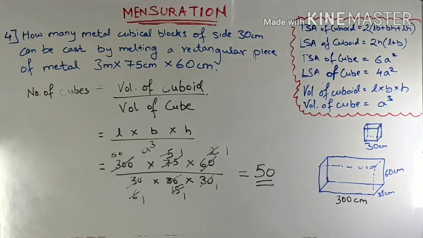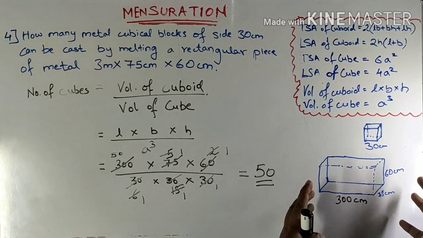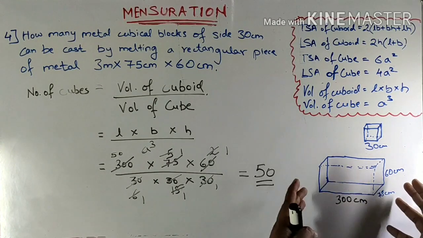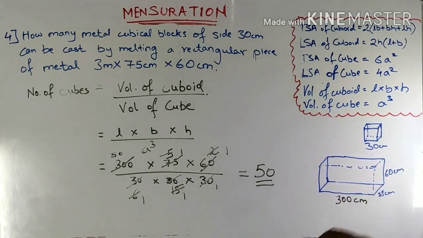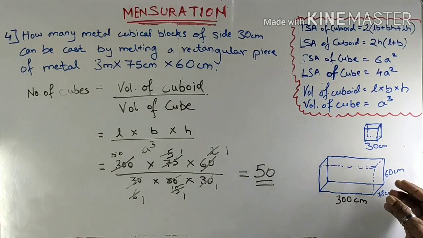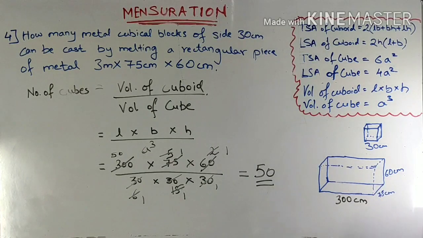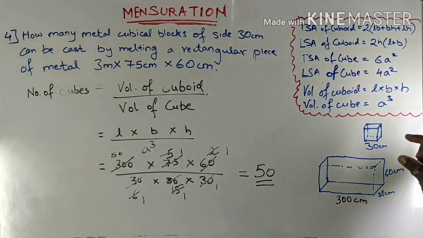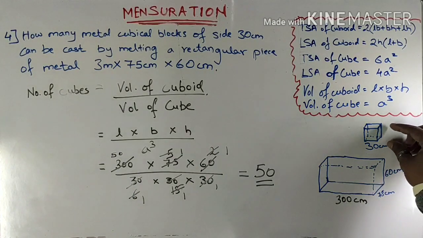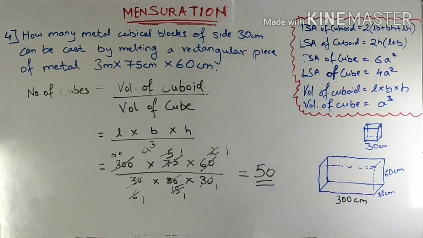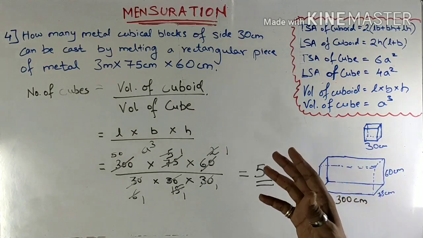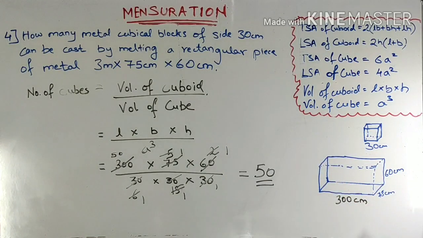Now one critical question for you all. While converting this rectangular piece of metal or the cuboid into small cubes, if there is some amount of metal left out which cannot be made into a whole cube of this dimension, how different will this answer be?